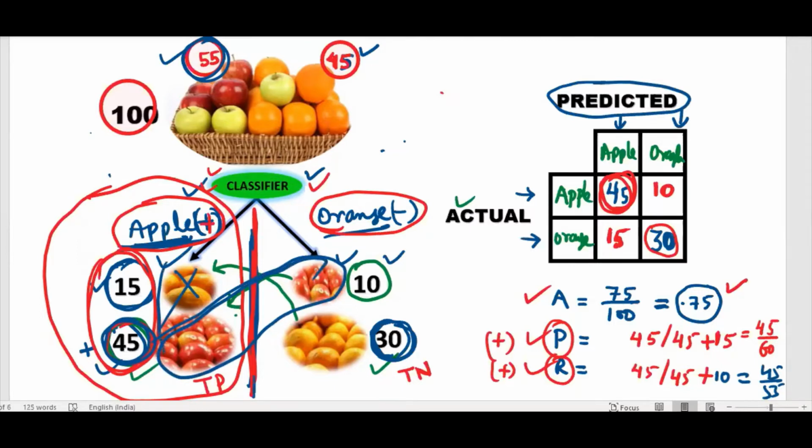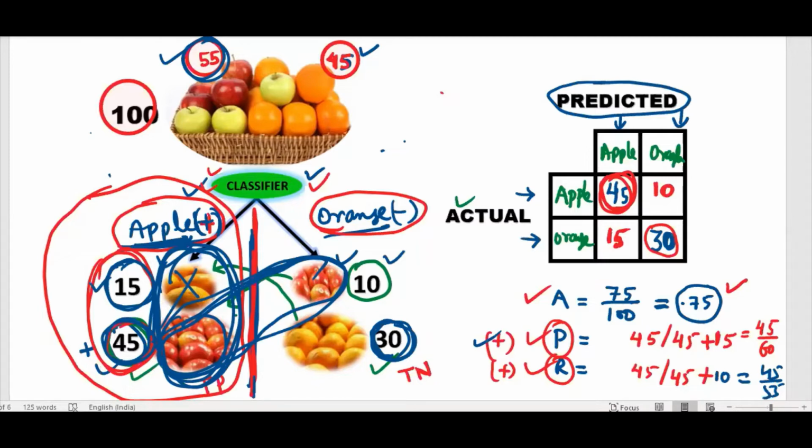Out of all predicted apples, how many apples are there? Apple is my subject here, positive. So how many positives are there out of actual positives? How many positives are there out of predicted positives? Classifier predicted all these as apple. So these two things you need to find. And through different examples, you will be able to follow if you understand this properly. Okay, let's proceed further.